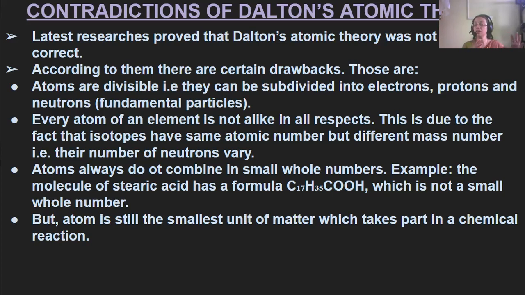But according to the latest researches, it is proved that atoms do not always combine in small whole numbers. But the atom is still the smallest unit of matter which takes part in a chemical reaction. That is correct. Now these are the contradictions of Dalton's atomic theory.